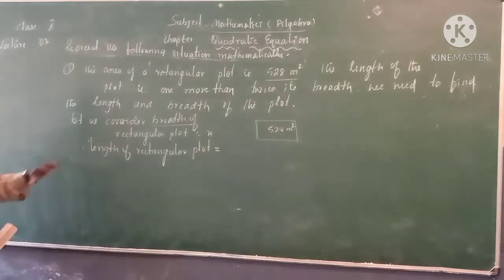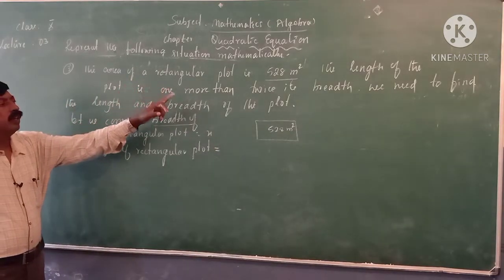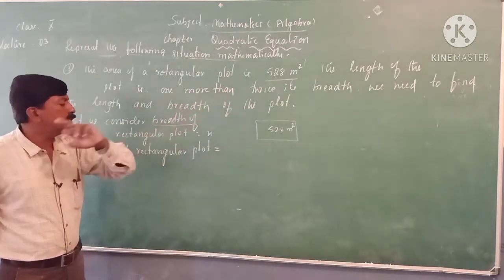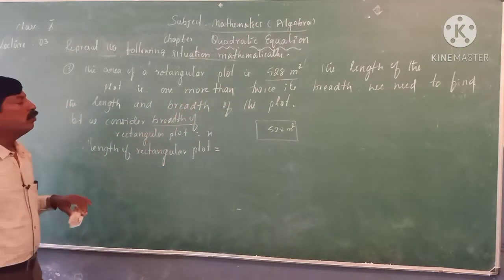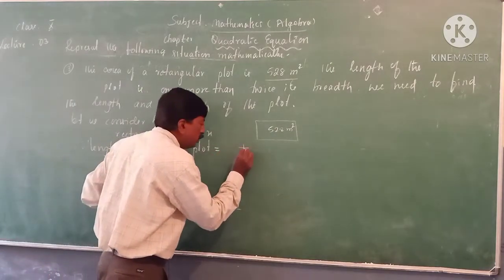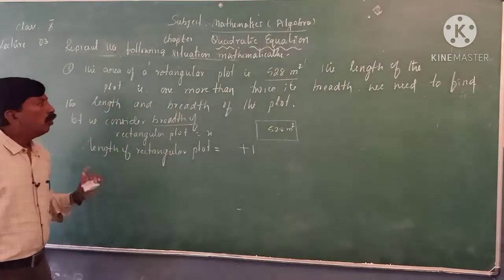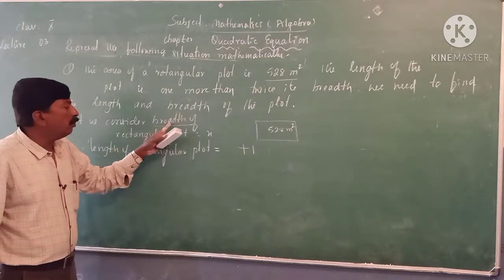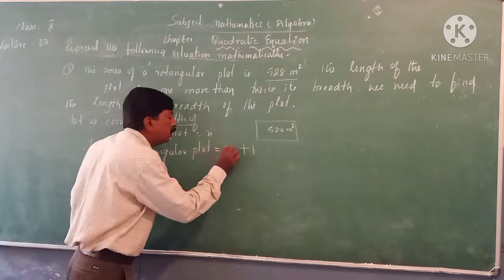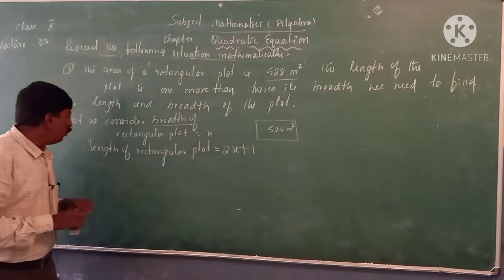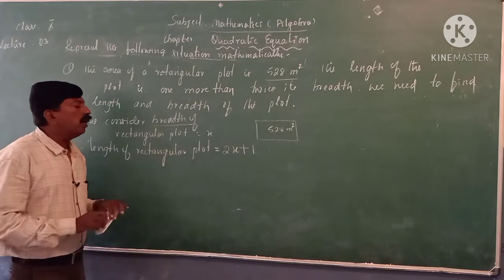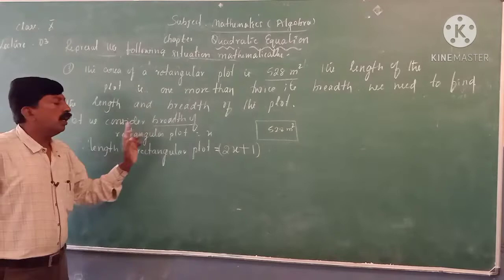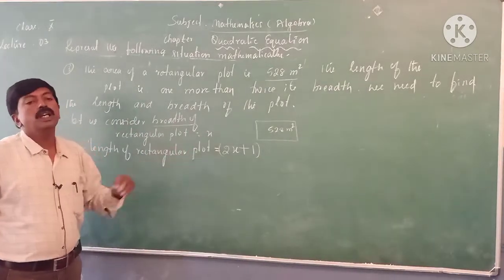Read the statement. The length of the plot is one more than twice its breadth. Twice its breadth means 2x. Therefore, length of the rectangular plot is 2x plus 1. Breadth of the rectangular plot, we have taken as x.